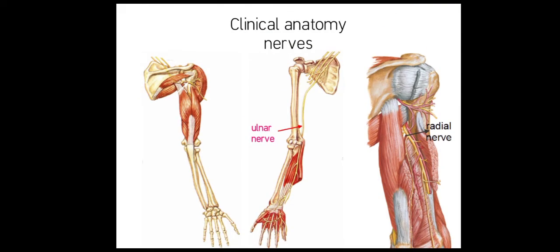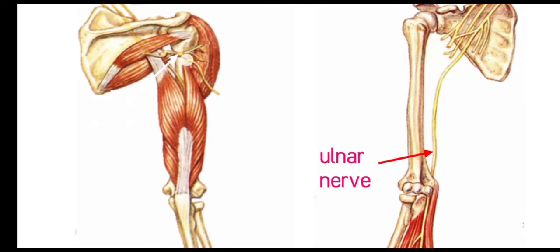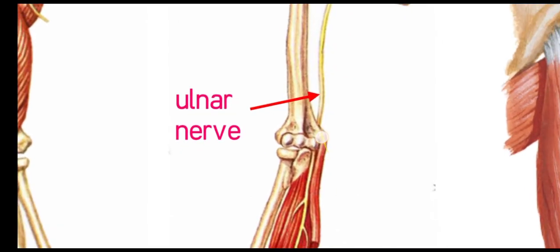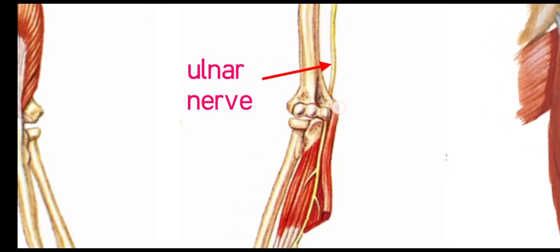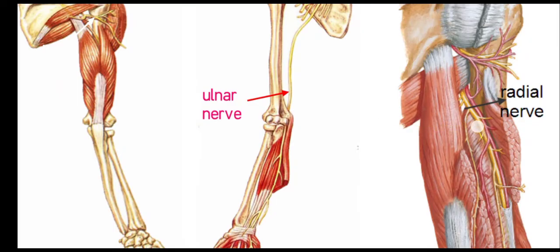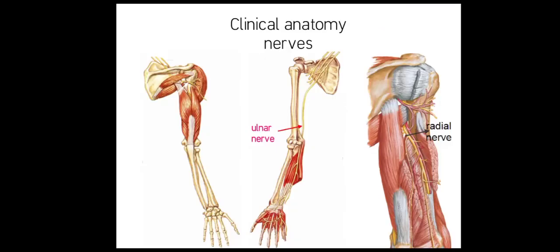So three nerves can get damaged. First, there is the axillary nerve. It gets damaged if there is fracture of the surgical neck of humerus. Then the ulnar nerve gets damaged in supracondylar fracture or any injury to the medial epicondyle of the humerus. Then there is the radial nerve that gets damaged due to fracture of the shaft of humerus.